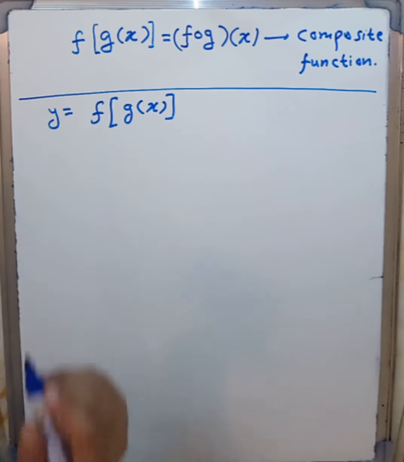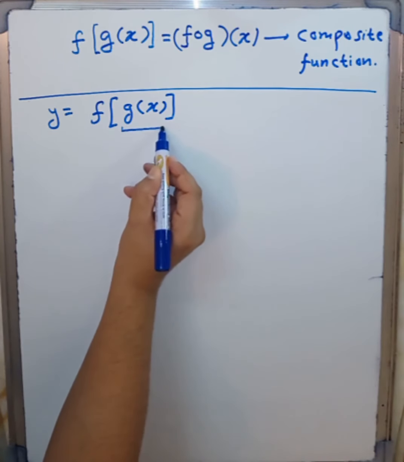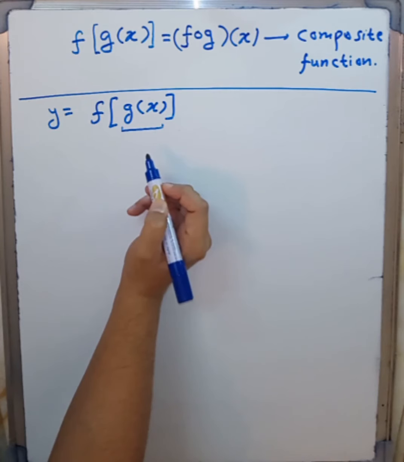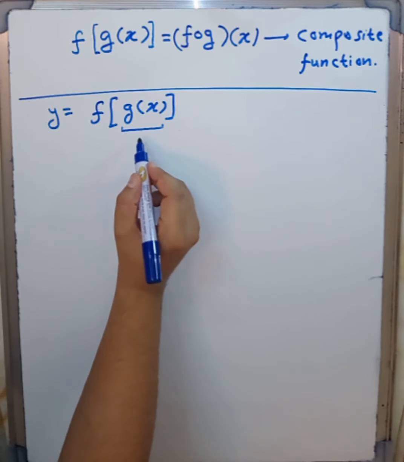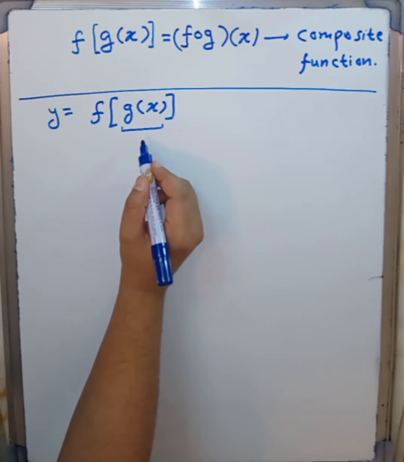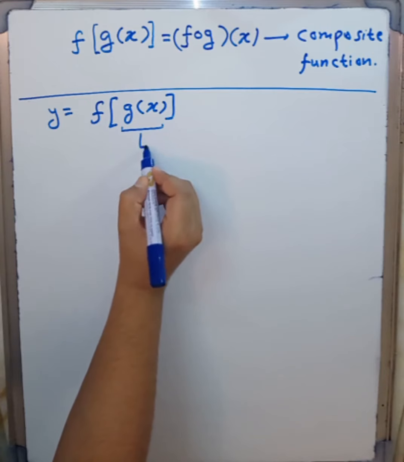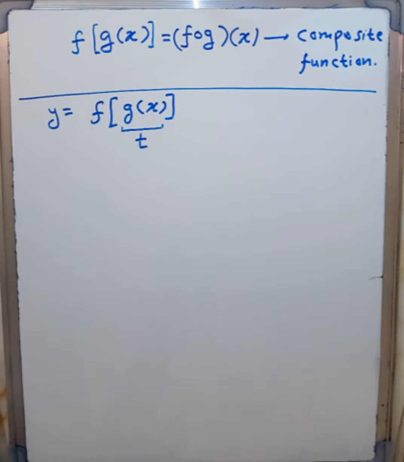What we do, the function g(x) we substitute by some other variable. We can use any variable other than x and y. If you want, you can use z, u, or t. Any variable you can use.